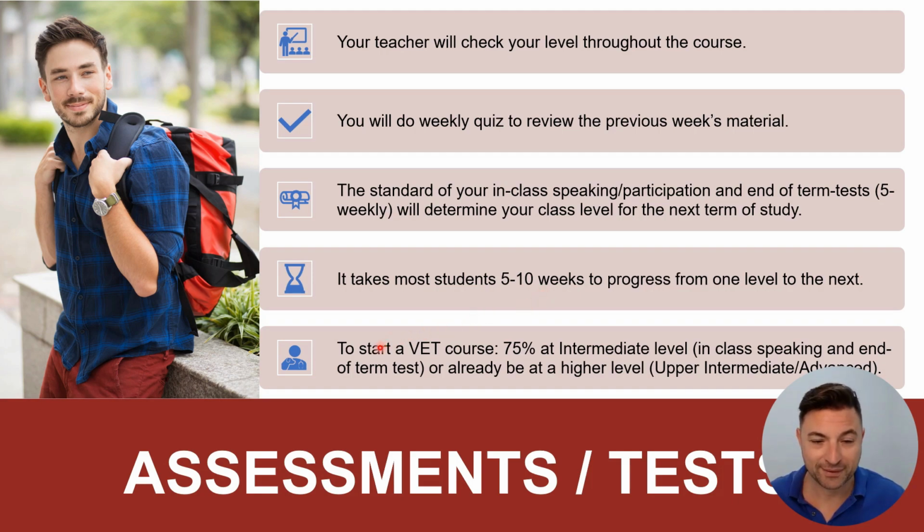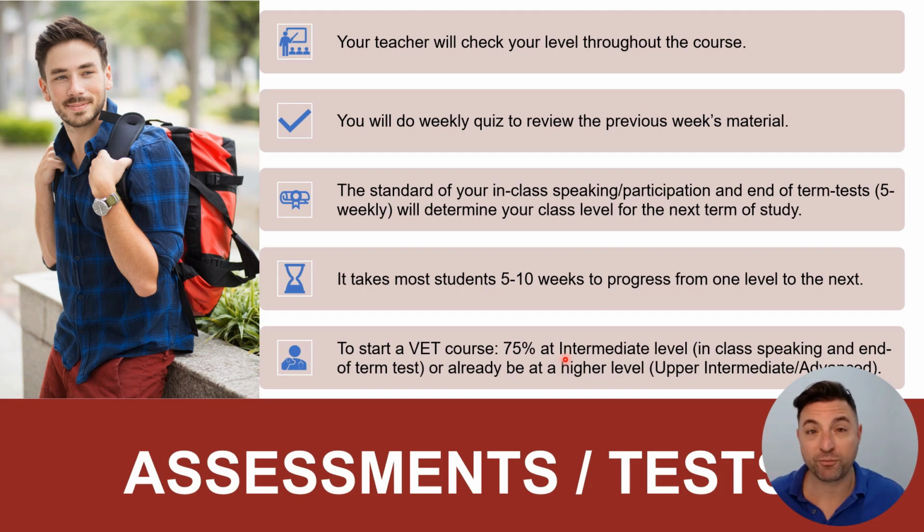To start a VET course, well, you'll need to score 75% on your intermediate level test. And that includes in-class speaking and participation and the end-of-term test. If you've already tested at an upper intermediate or even an advanced level, then you are automatically ready for VET.